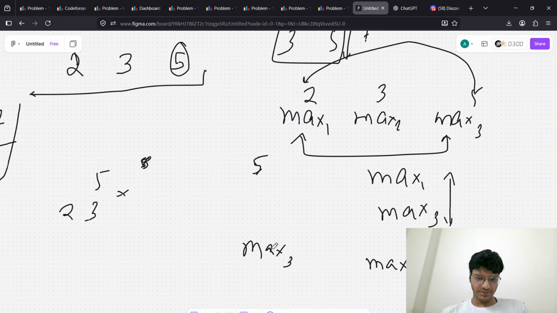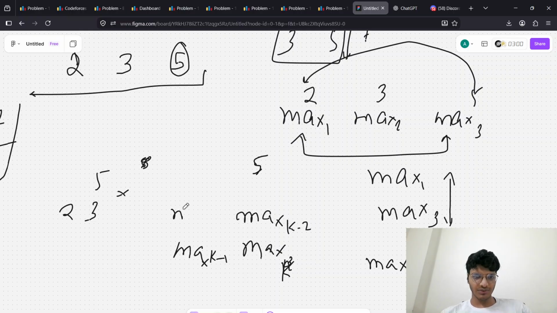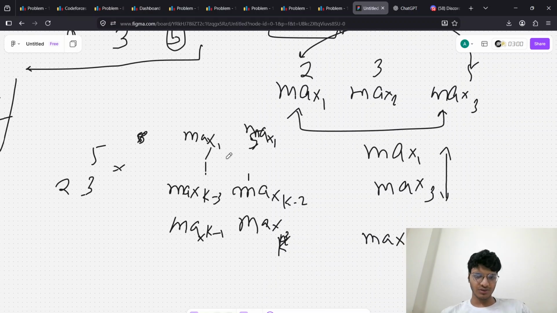Let's say I select maximum k and maximum k minus 1, since all these bottles have to be put in the refrigerator. Then maximum of k minus 2, and maximum of k minus 3, and so on, we have to put all of them. Maybe maximum 1 comes here or there, depending on this.